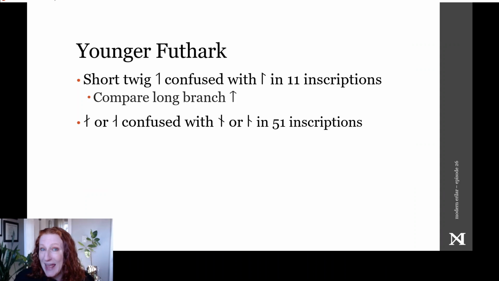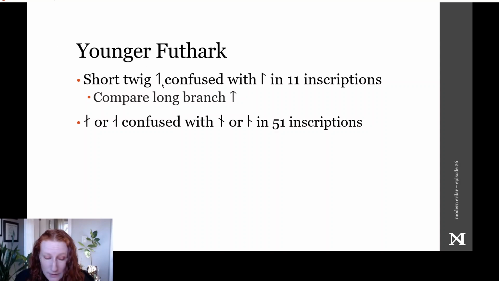Sinistrograde, reversed, and inverted runes could be used without causing ambiguity in Elder Futhark, but in the transitional period between Elder and Younger, we start to find more instances of confusion in inscriptions, often between the new short twig signs for a couple different runes that look very similar.